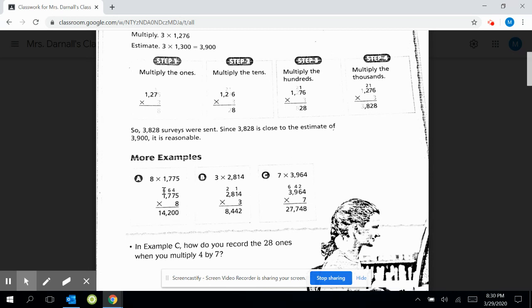And so we put the 6 up there, we put the 2 here, and we do 8 times 1, and that's 8. But remember that we need to add some more in. So then we do 8 plus 6, and that's 14. Okay? And you can look through at the rest of these, and they're done the same way.